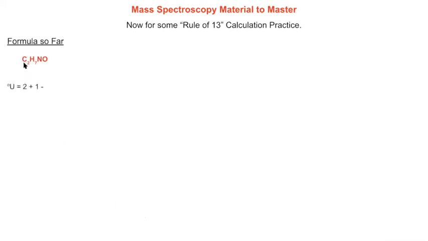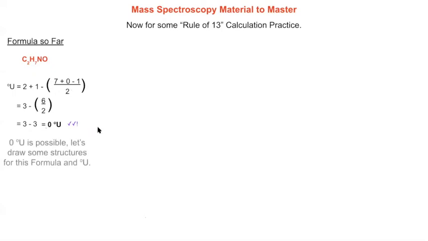It's going to be 2 carbons plus 1 minus 7 hydrogens plus 0 halogens minus a nitrogen all over 2. 3 minus 6 over 2, 3 minus 3, 0 degrees unsaturation. That's possible. We can have that. And I'll double check my math. It is 2 plus 1 minus 7, 0, 2, 3. Boom, we got it.